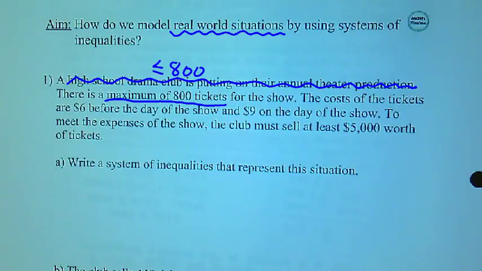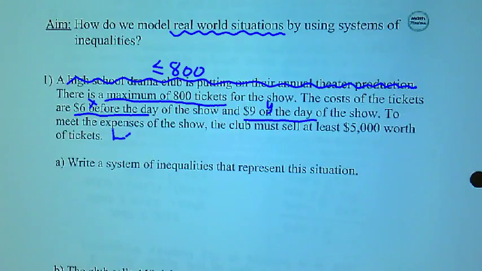Okay, the cost of the tickets on the day before is $6. And so if you get them before the day of the show, that's going to be $6. If you buy the day of the show, it's going to be $9. So here's going to be our two variables. So I'll call this one X and this one Y. So when you guys are doing this, you have to make sure that you make a let statement.